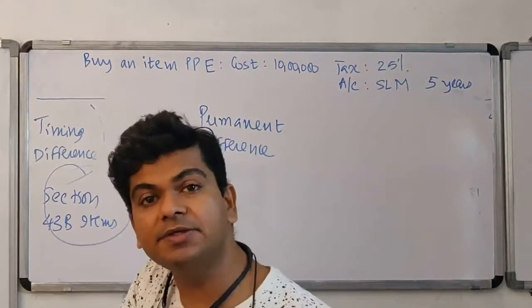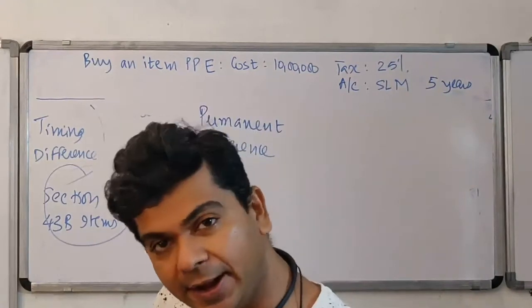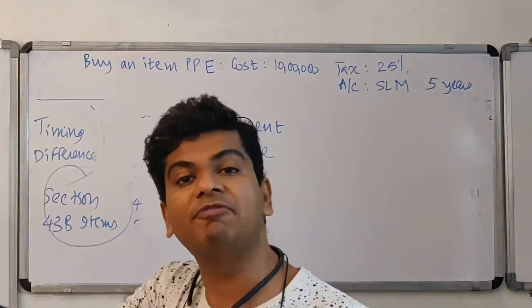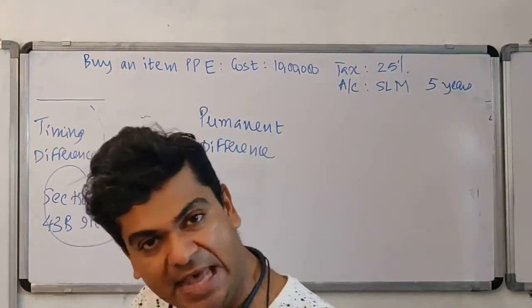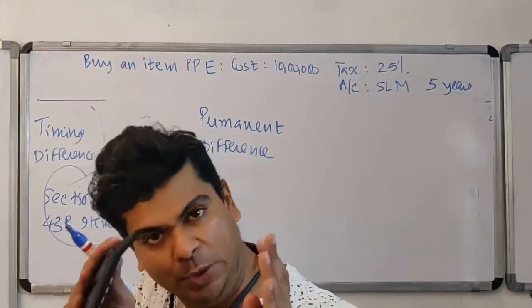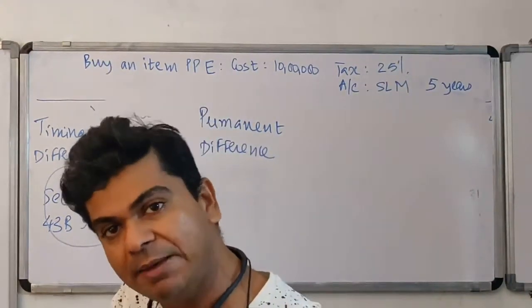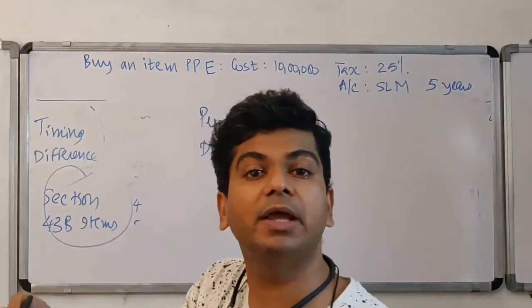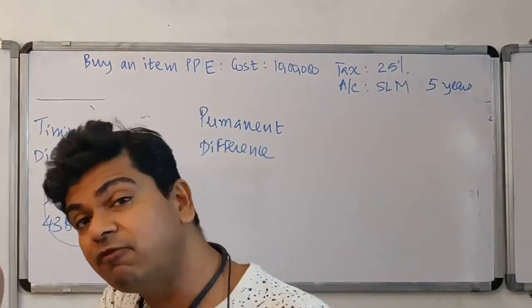For example, let us say there is a company which is earning agricultural income. This agricultural income is credited to the profit and loss account. But we know that agricultural income is exempt from income tax. So in the current period, I will credit agricultural income to my P&L. My profit will increase, but this agricultural income will not be taxable.